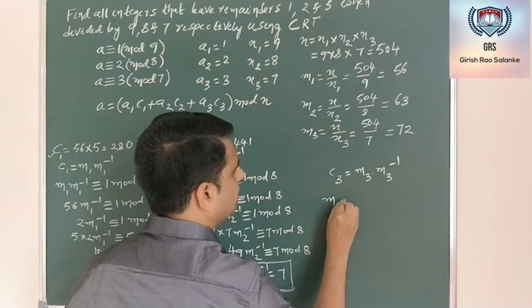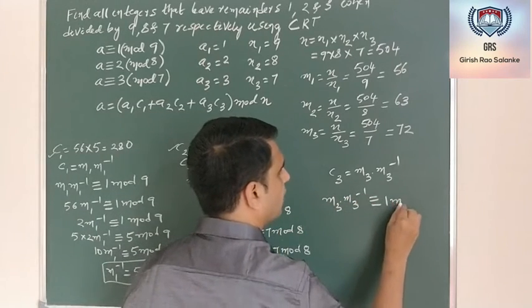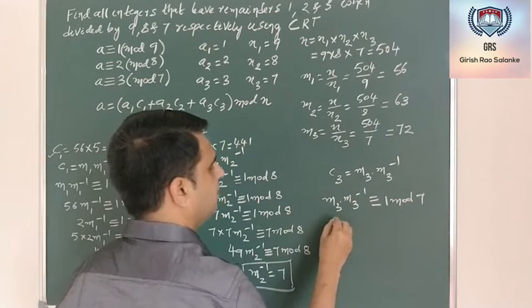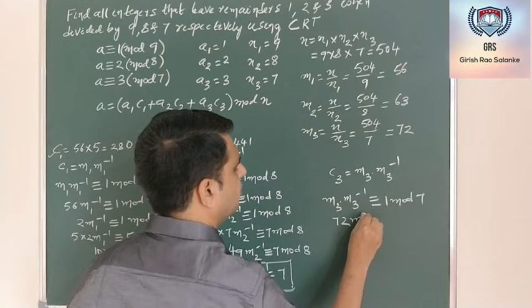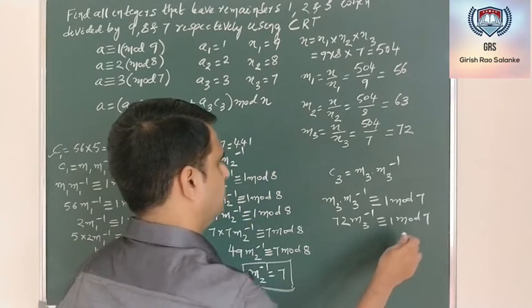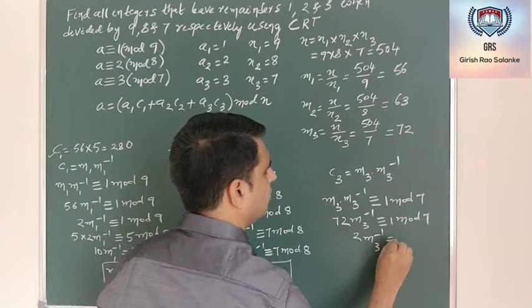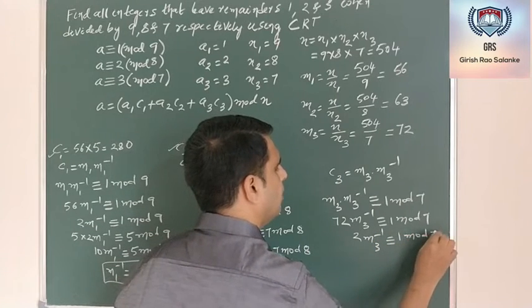So that is nothing but m3 into m3 inverse congruent to 1 mod 7. What is m3? It is 72. 72 m3 inverse congruent to 1 mod 7. So 7 10s are 70, remainder 2. 2 m3 inverse congruent to 1 mod 7.